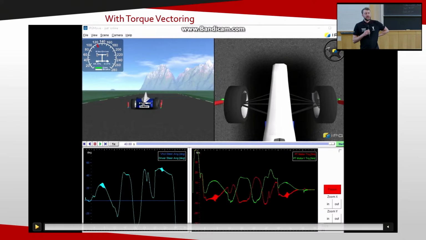Without a slip control, the driver has to implement the slip control, not the torque vectoring, but the slip control. And the slip control is simply an algorithm to support the driver to get the most out of the car.